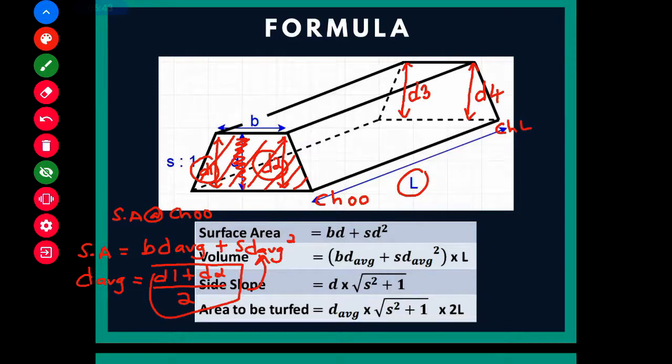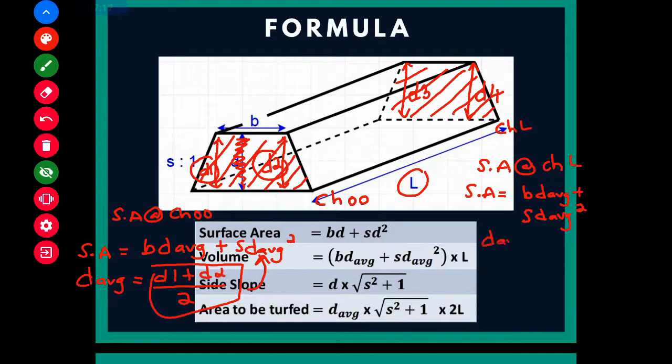And then you will have the surface area at chainage L, meaning the surface area at this chainage. The same formula: surface area equals B D average plus S D average squared, given that D average for chainage L equals D3 plus D4 divided by 2.